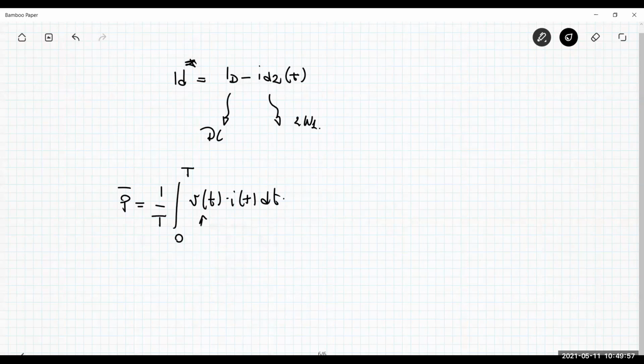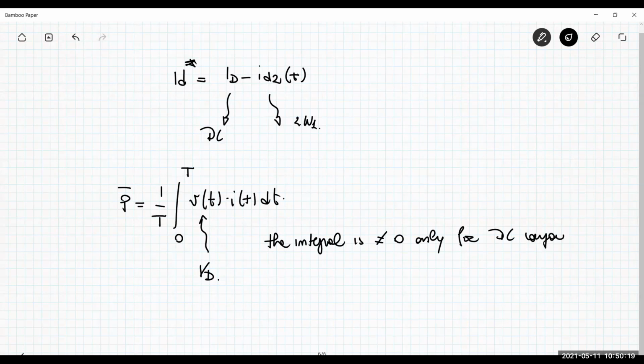And since in our case this is VD, the input side, this integral is different from 0 only for the DC component of IT.